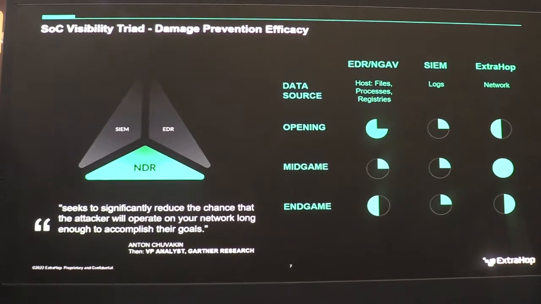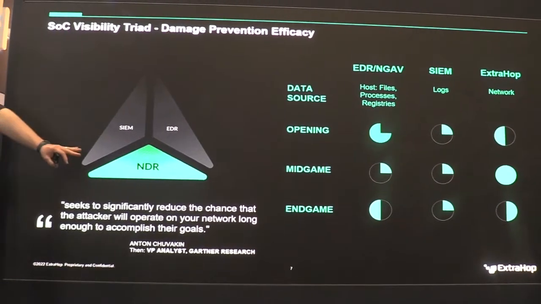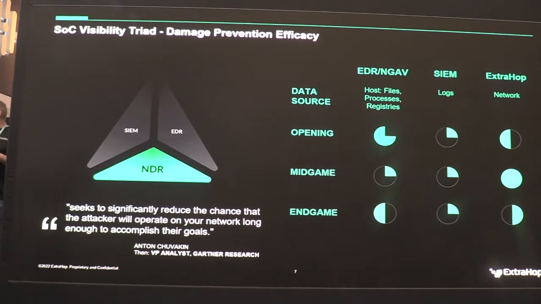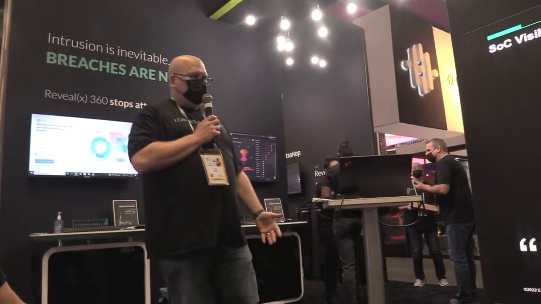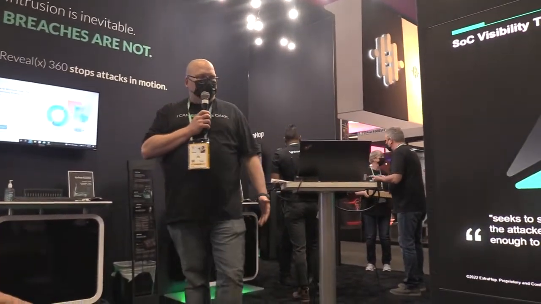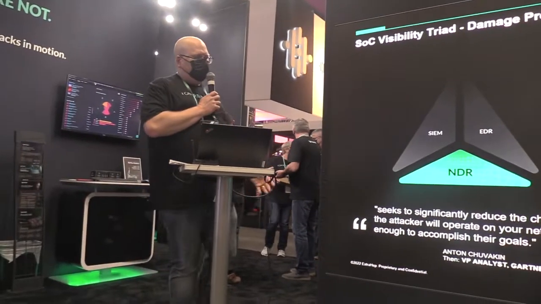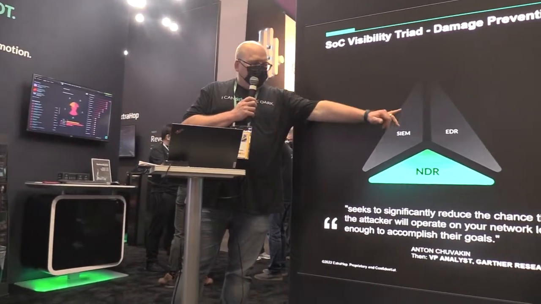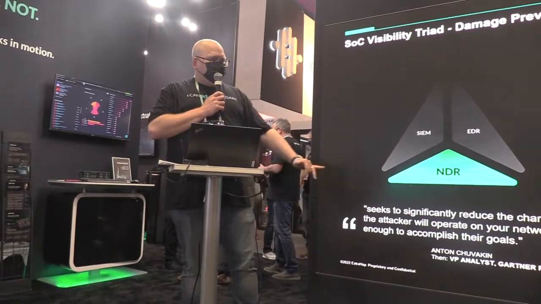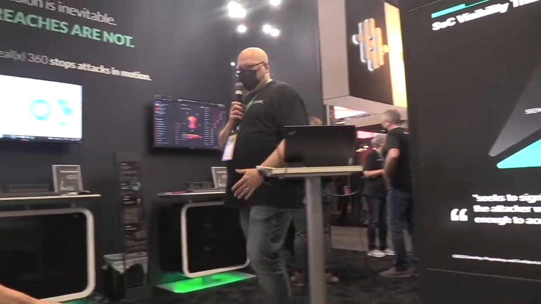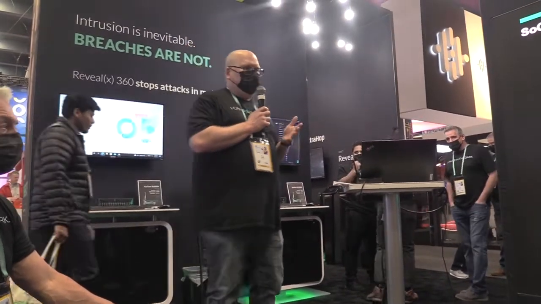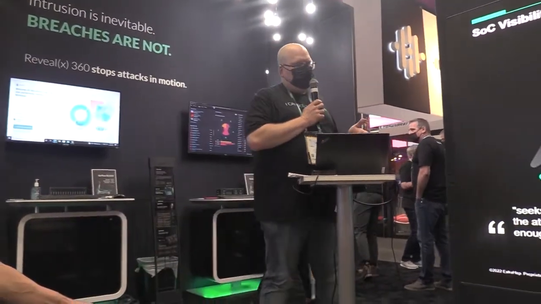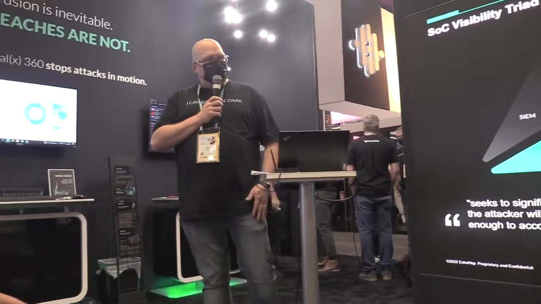So what is ExtraHop? We're a leader in the space of network detection and response. If you're not familiar with that, it's an equal part of what Gartner calls the SOC triad. The SOC triad is basically what they consider you need, all three pillars, to have a fully functioning security operations practice: SIEM, EDR platforms on the endpoint, and then clearly network detection and response. Basically watching the activities in the network and applying machine learning and artificial intelligence to understand when those attackers are in our midst.